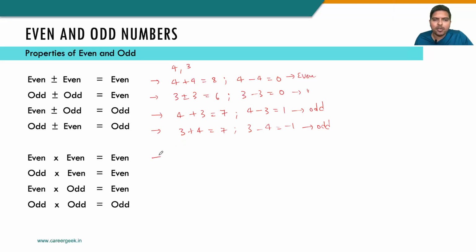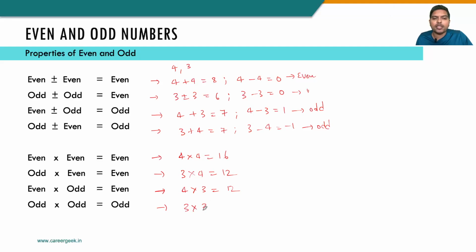So these are self-explanatory, but knowing this is important, right? In the exam, you will not have so much time to go through all this derivation. So it's better to have some sort of idea. The same goes for multiplication. Even into even is definitely even. Even if you have one even number in the multiple, you should get even for sure, right? Odd into even, or even into odd, odd into odd.